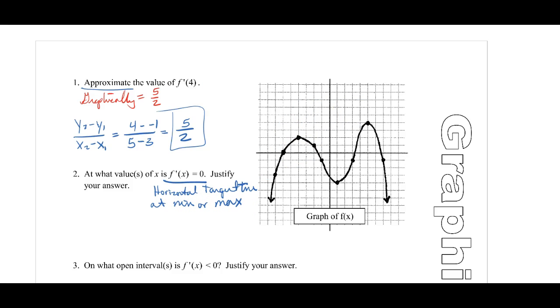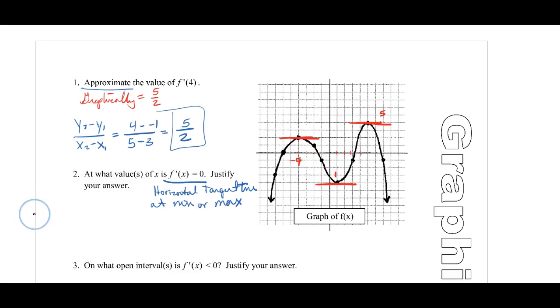Looking at our graph, I can see I have a maximum here at negative 4: 1, 2, 3, 4. I have a minimum here at 1 and another maximum at 5. And my lines drawn tangent to those points would be horizontal.